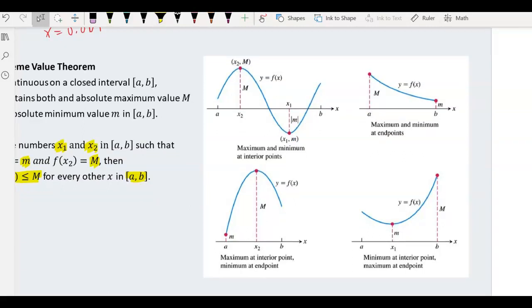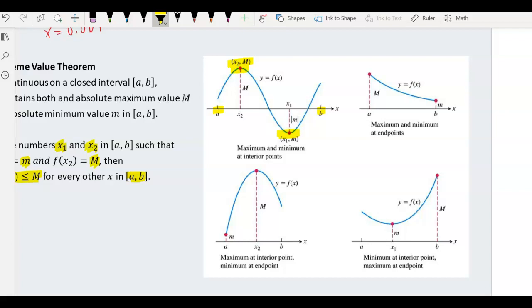On the right here, we have a couple of different examples. The interval, again, is going between A and B in all of these cases. We can see in this first example that our absolute maximum is occurring here, and our absolute minimum is occurring down here.